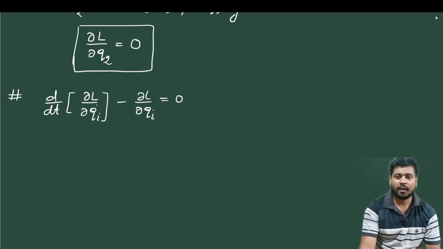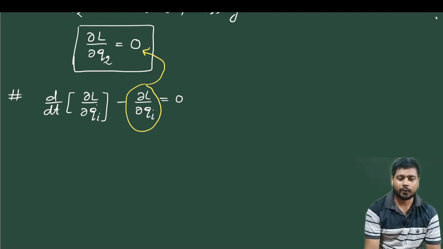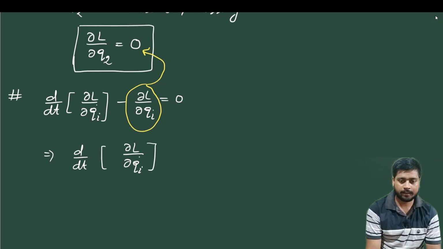Yes or no? For a cyclic coordinate, we know this second value is 0. So here we get d by dt of the partial derivative of L with respect to qi dot is equal to 0.